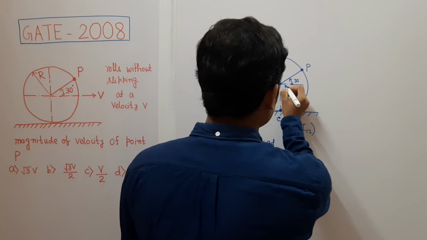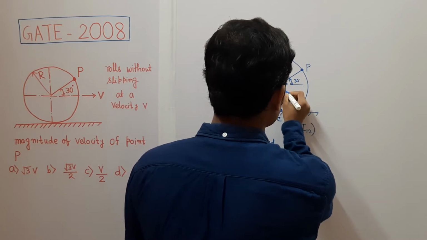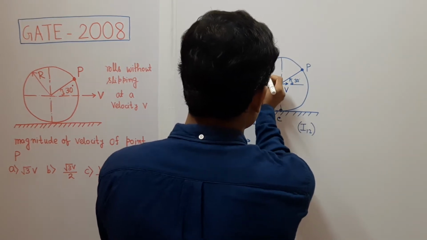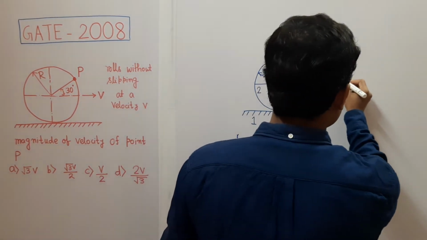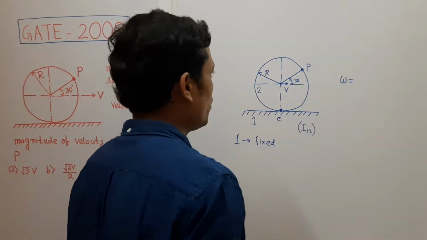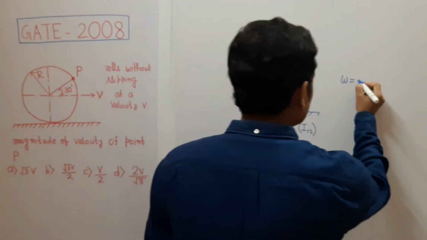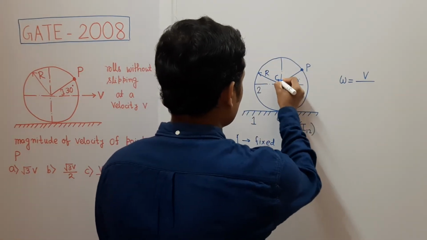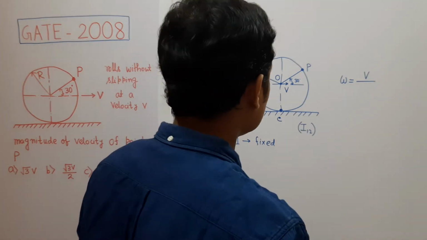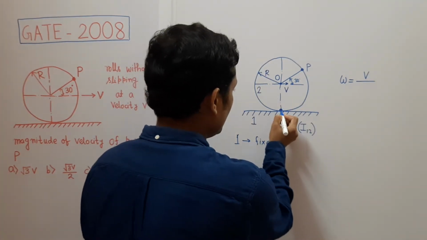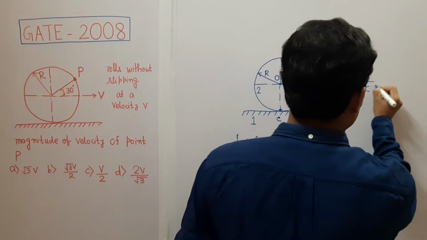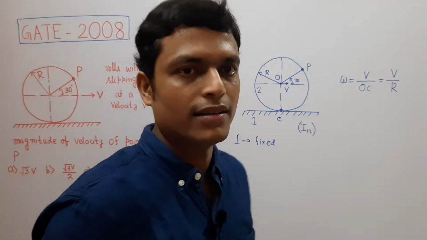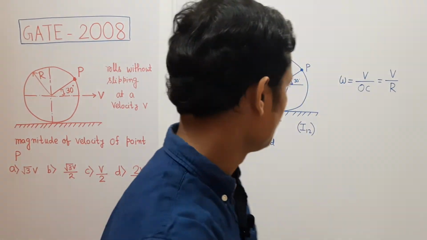If the center point has a velocity v and the radius of the disc is r, then the angular speed of the disc will be v divided by the distance from the center O to the IC, which is OC, that is r. So v by r is the angular speed of the disc.